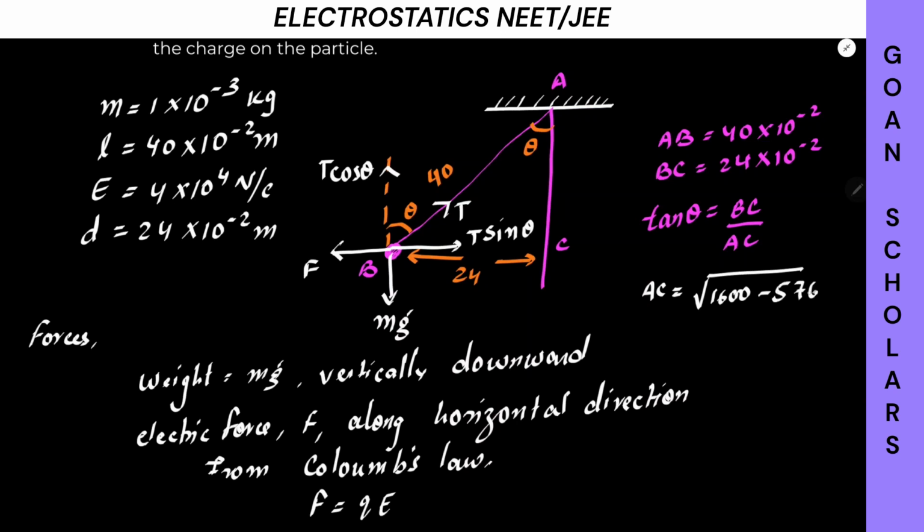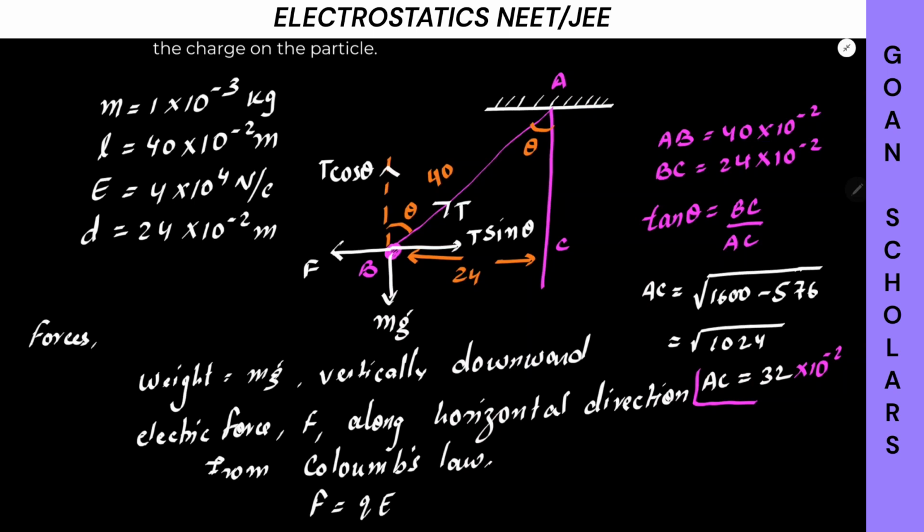How much is it? 576. So 1600 minus 576 is equal to 1024. And root 1024 is 32. So AC is 32 centimeter. Be very careful, let me put it in bracket: AC is 32 into 10 to the power minus 2. Correct? This is our AC.